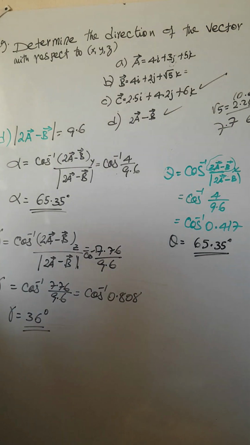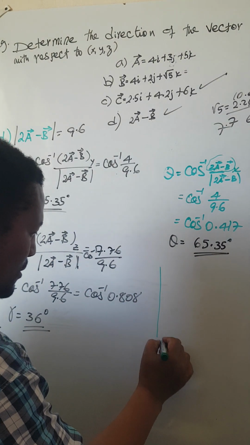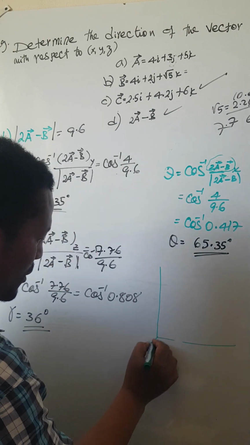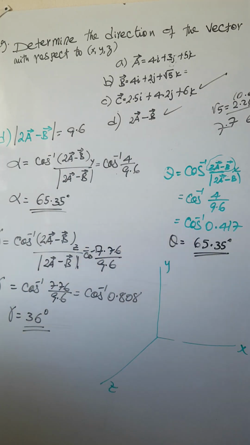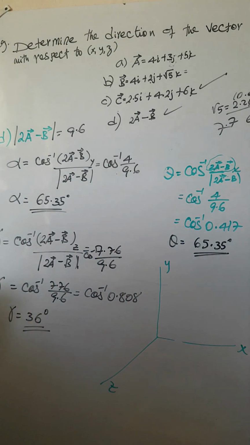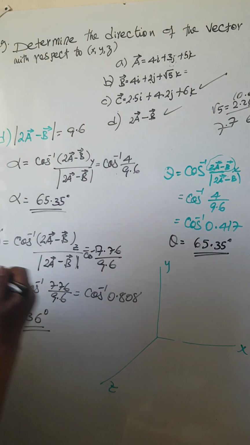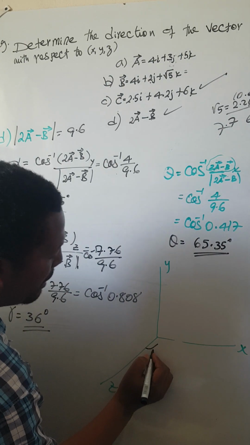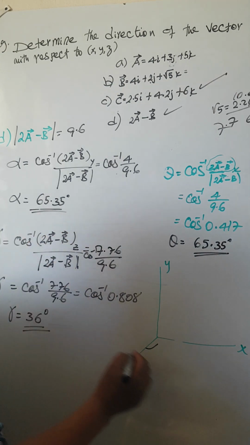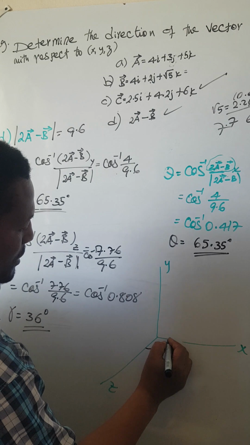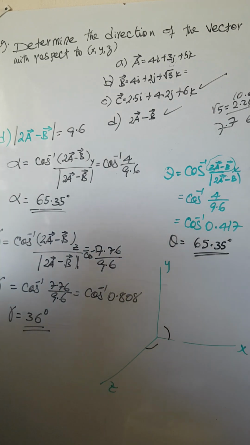So to visualize the location, this is x, this is y, this is z. The vector is making 36 degrees with z, 65 degrees with x, and 65 degrees again with y.